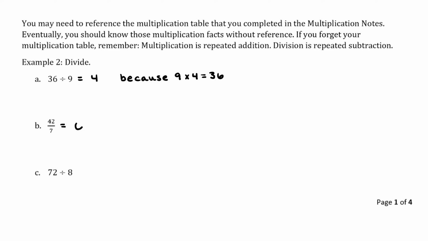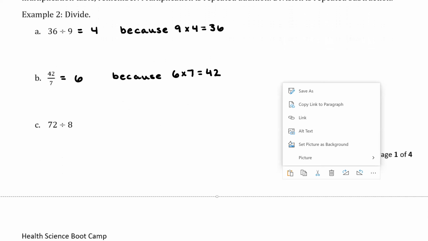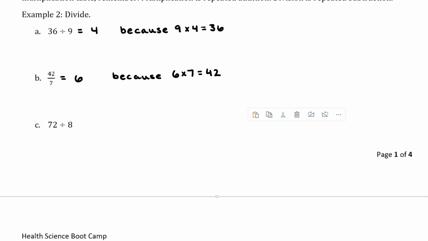That's going to equal 6 because 6 times 7 equals 42. 72 divided by 8.